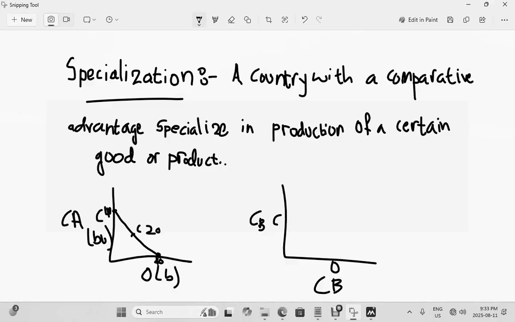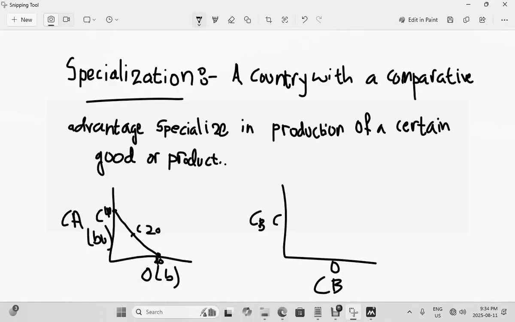Likewise, you have country B, which will do the same thing. You have a certain percentage of oil and a certain percentage of corn. Now, if you consider trading, when these countries decide to trade, it's possible that this country may end up trading, let's say, 10 bushels of corn for 20 barrels of oil. So it will give up 10 bushels, which means it will now have 10 bushels of corn.